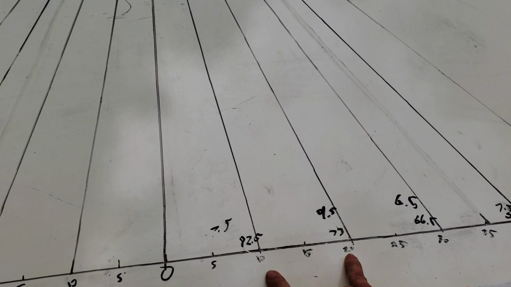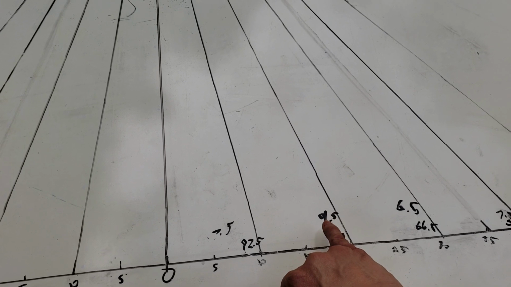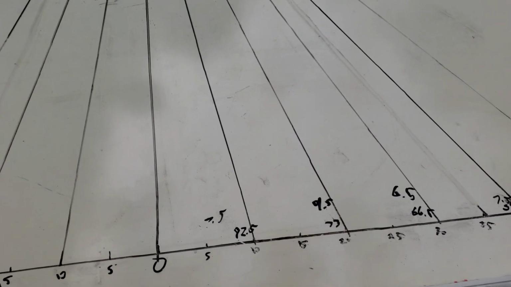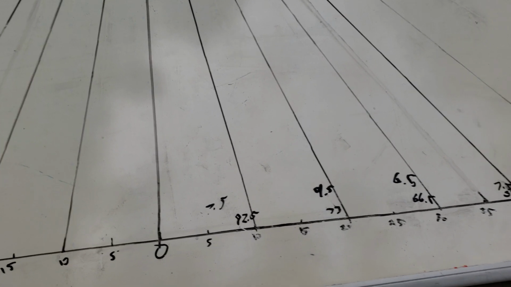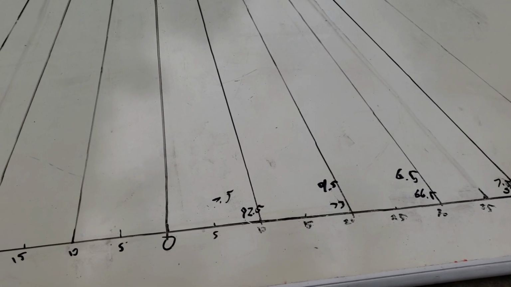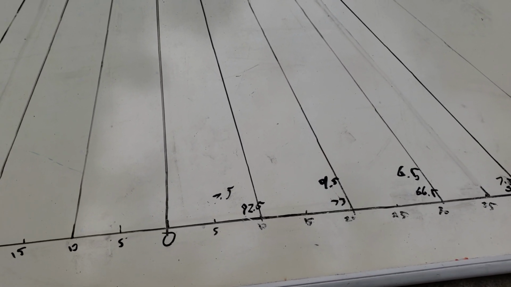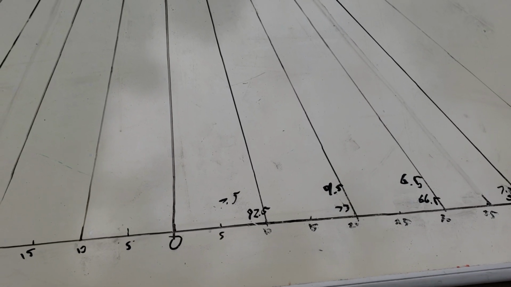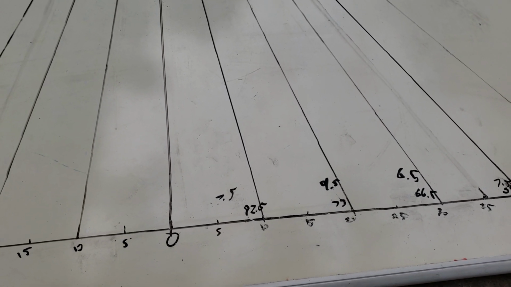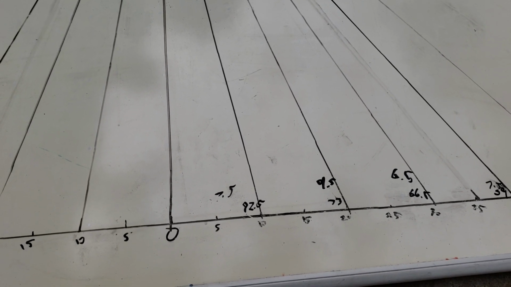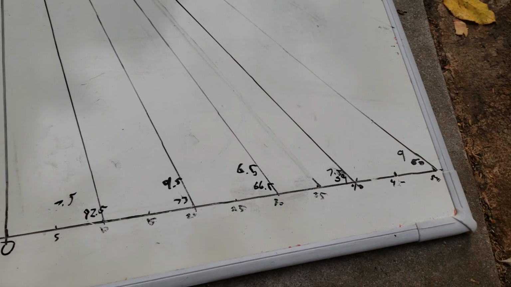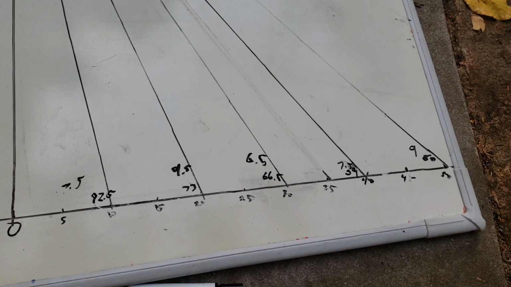So every degree of change is going to be about 100 kilometers of distance. So 5 degrees of change will be 500 kilometers. It's a constant rate. Notice there's nothing constant about this on the floor.